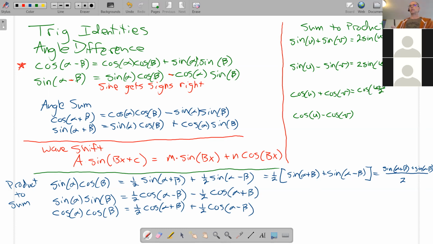Oops, I missed my 2 out front. And then cosine u minus v over 2. And last, this one is twice, and this one is a negative sine of u plus v over 2 sine of u minus v over 2.